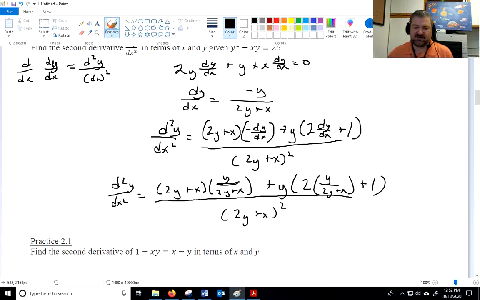Now in this situation, you can actually see on the left, these 2y plus x's would actually reduce out. You're oftentimes going to get this stacked fraction. So if you wanted to get rid of it, you just multiply the top and bottom by 2y plus x to each term, and so the 2y plus x goes away there, it would go away there, and it would get one there, and then that would become a cubed.